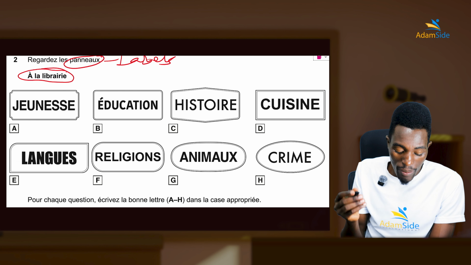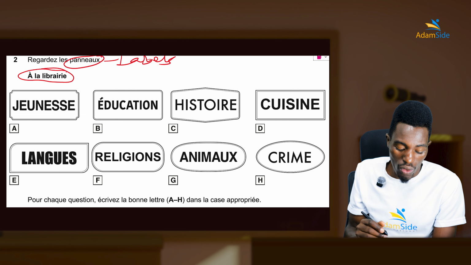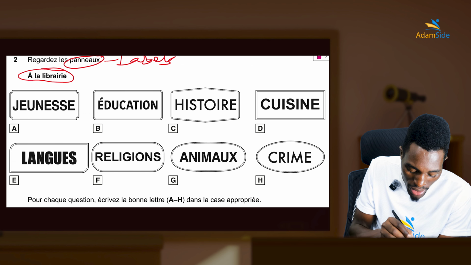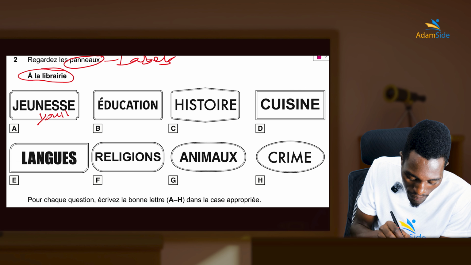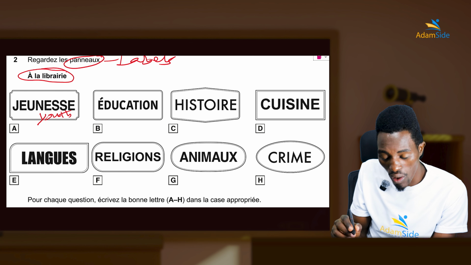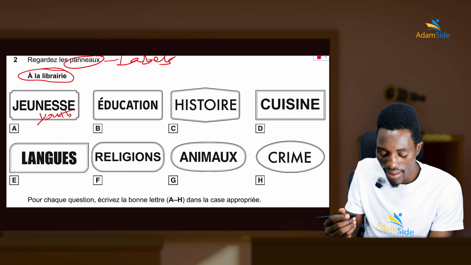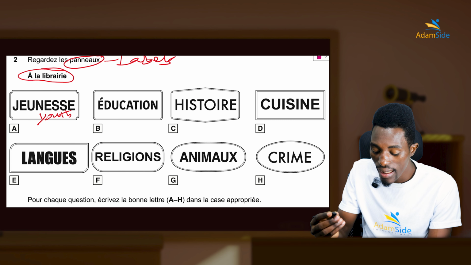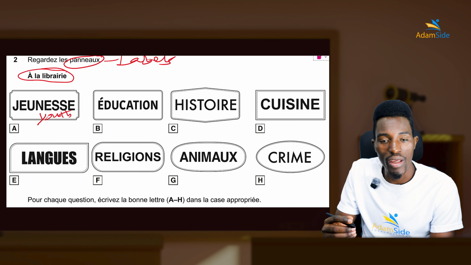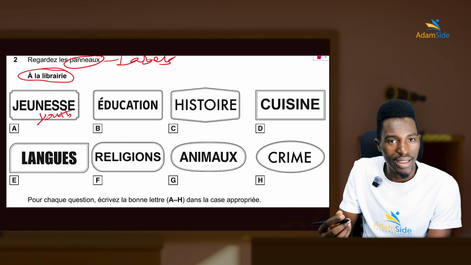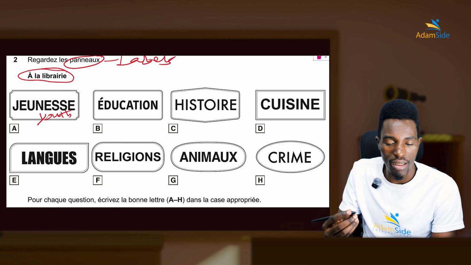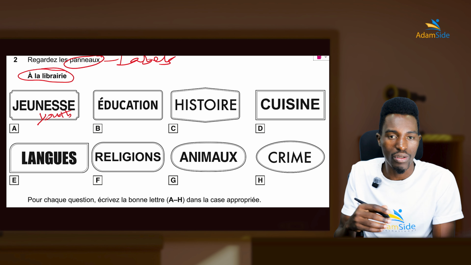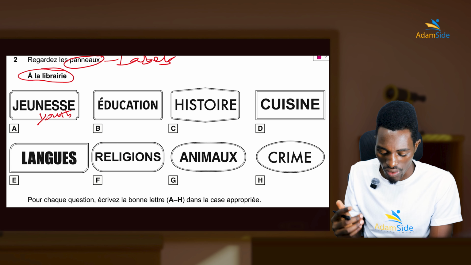So here, before we go on to the question, we need to know this. So jeunesse means youth. Education is known. Histoire is history, so it can be storybooks. Cuisine is kitchen, so here we can get kitchen information or kitchen books, those books that talk about how to cook and so on.